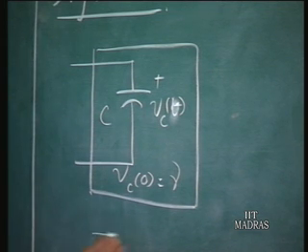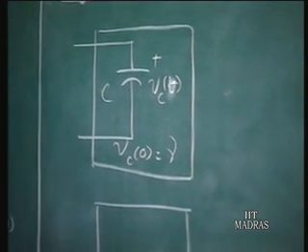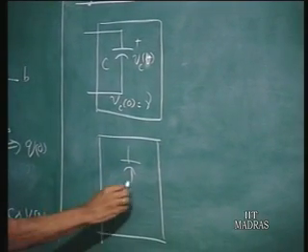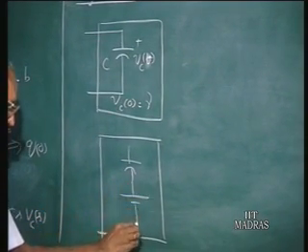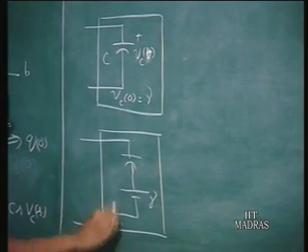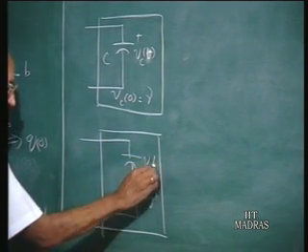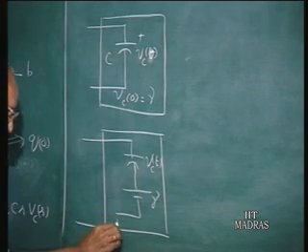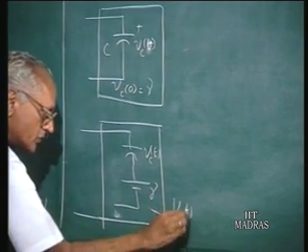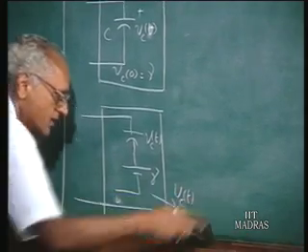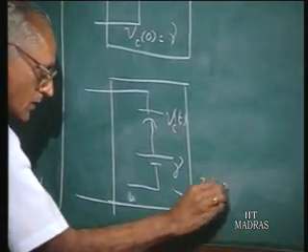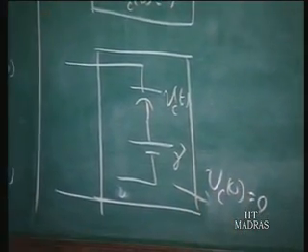Now let me take another situation where we have an uncharged capacitor in series with a voltage source equal to gamma, a DC voltage source. So here this is Vc of t, and Vc(0) is 0, that is, initially uncharged.